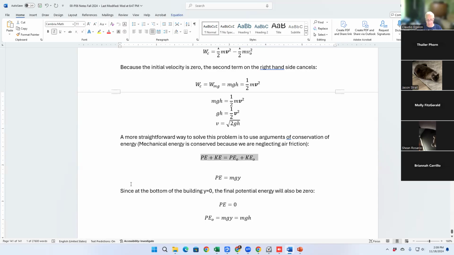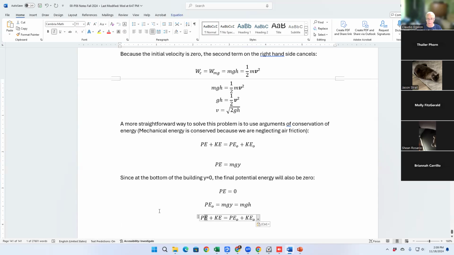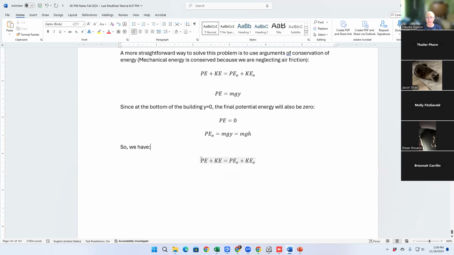So let's repeat that here. I'm just repeating the same thing in a different way, right? Final potential energy is 0. Initial kinetic energy is 0. Final kinetic energy is unknown.